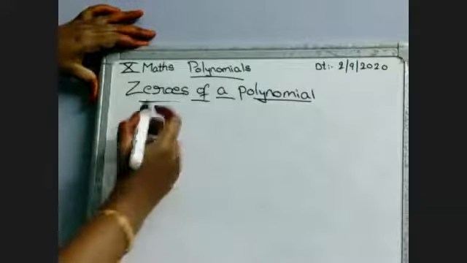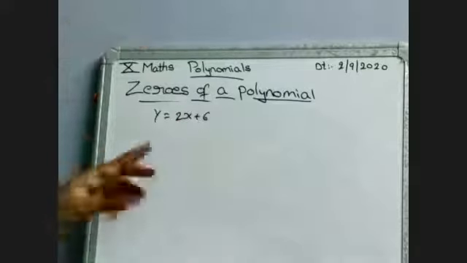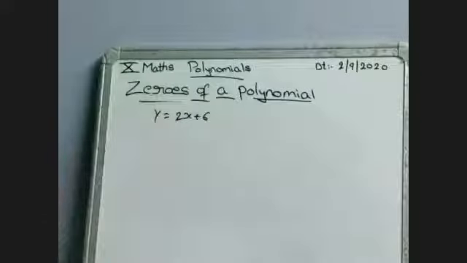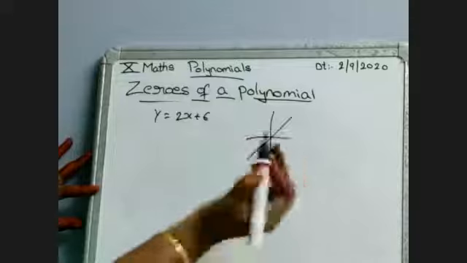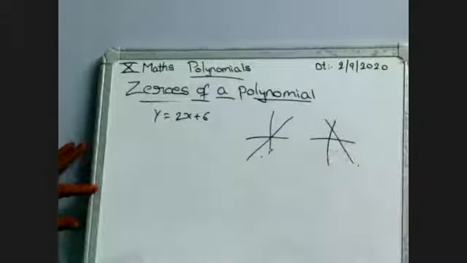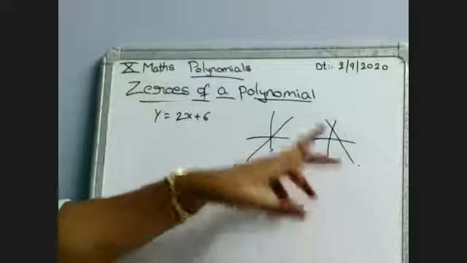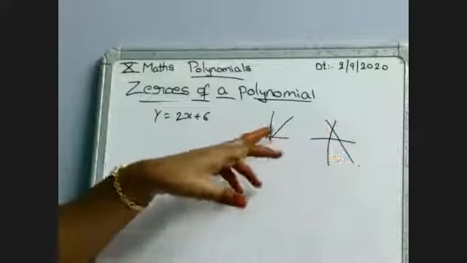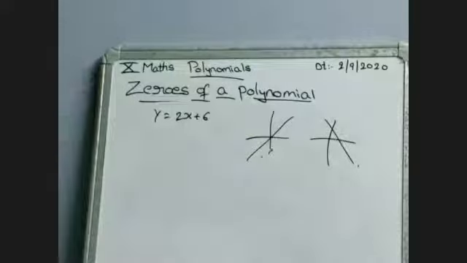Suppose you take y equal to 2x plus 6, only one line will come. It goes like this, or otherwise like this. Here the line touches the x-axis and goes. Don't worry about the y-axis. Here also it touches the x-axis and goes. So it is called a zero of the polynomial.